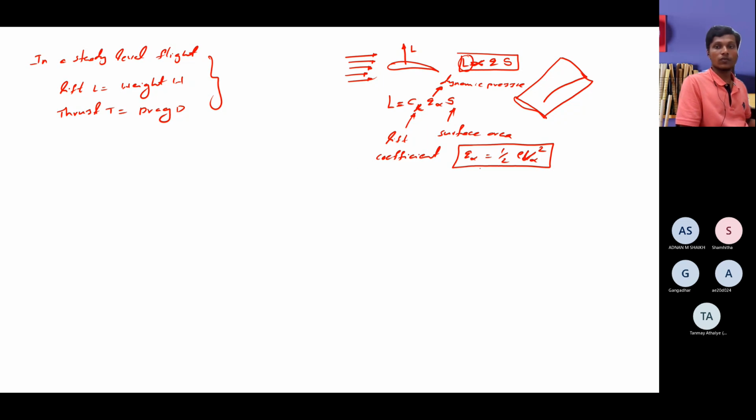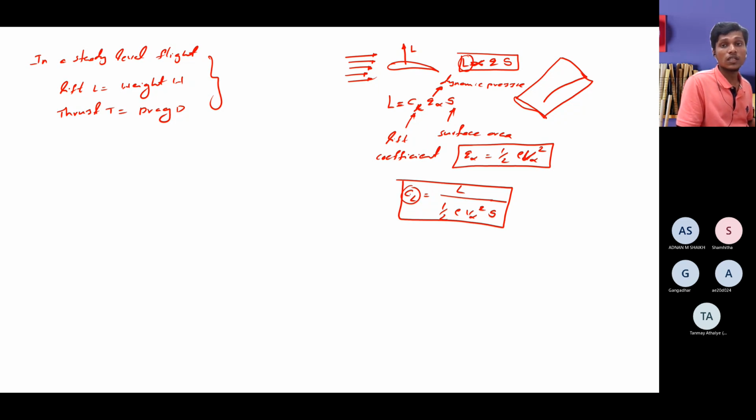With this, let's try to expand CL. How will CL be? CL equals L divided by half rho V infinity squared times S. For most of our studies, we always use CL as it is convenient and non-dimensional. Aerodynamicists look at how much CL is generated at a particular angle of attack.